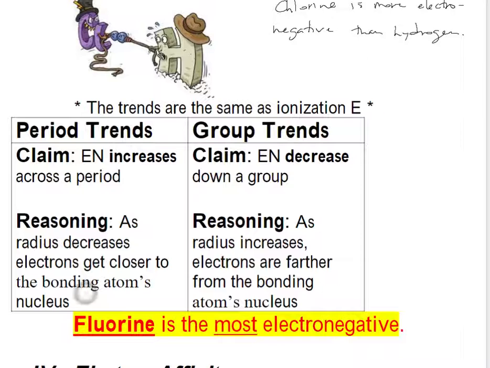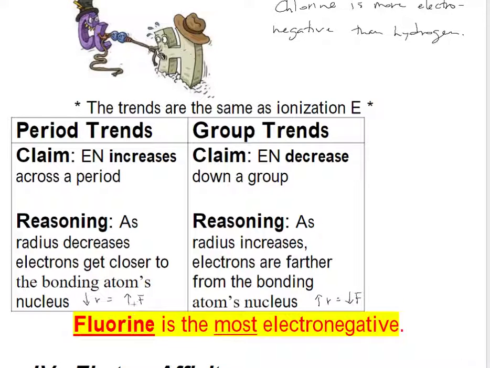Let's put small r equals high force. And then as you go down, as radius increases going down, the electrons are farther from the bonding atom's nucleus. So a greater radius equals less force of attraction.